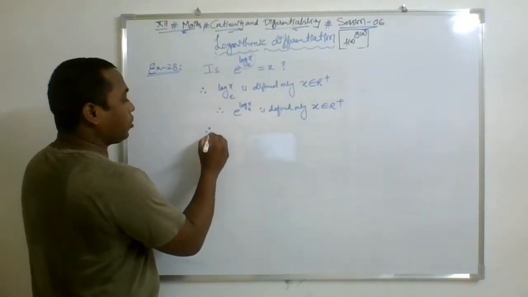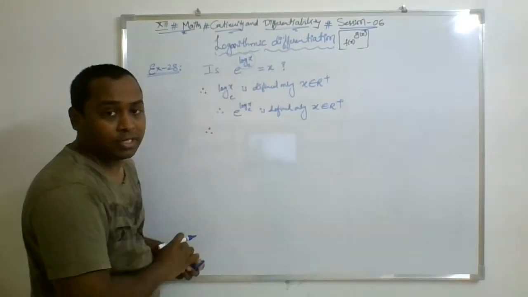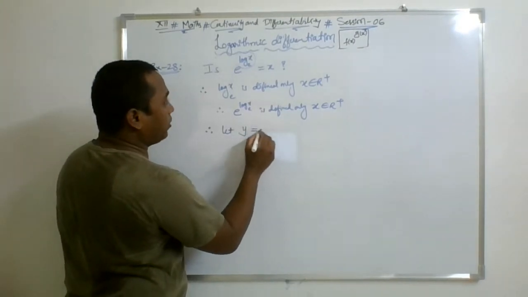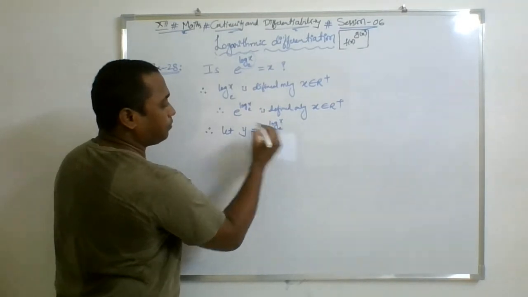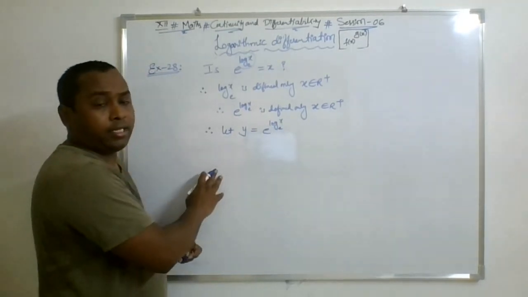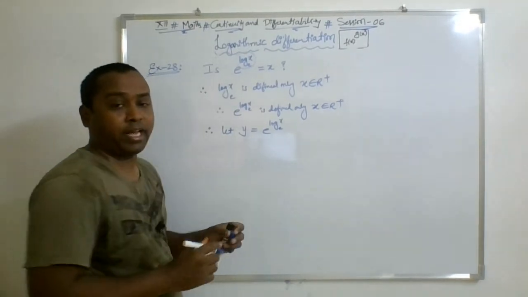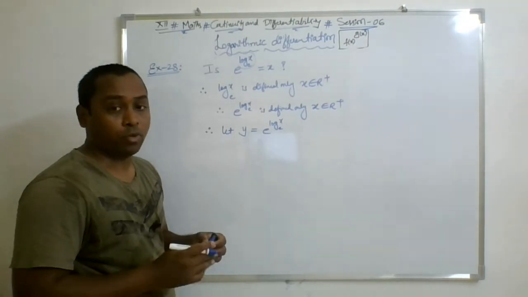Now we try to solve this function. How does this function's value become x? So first we take, let y be equal to e to the power of log x base e. Then you can take log on both sides, just like you can take squaring on both sides, or cubing on both sides.